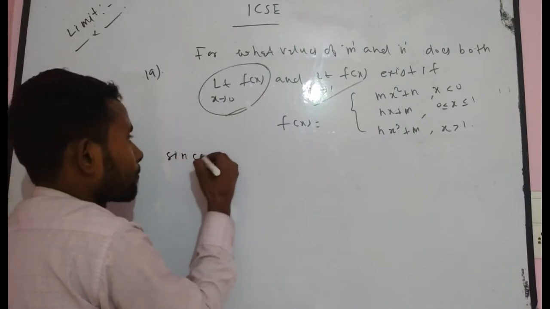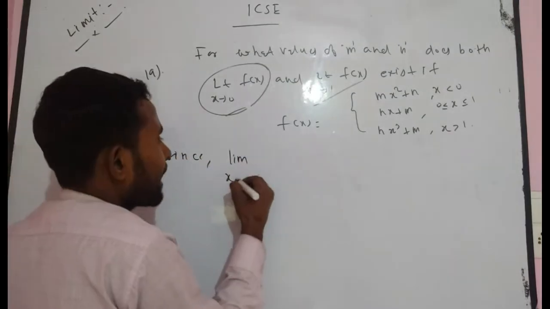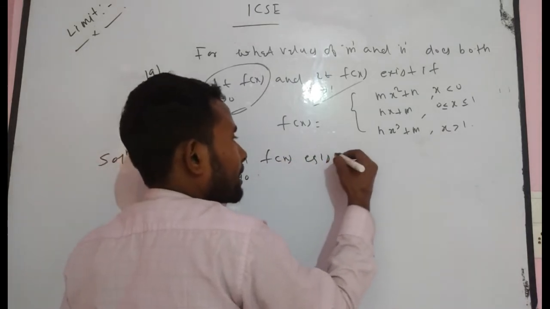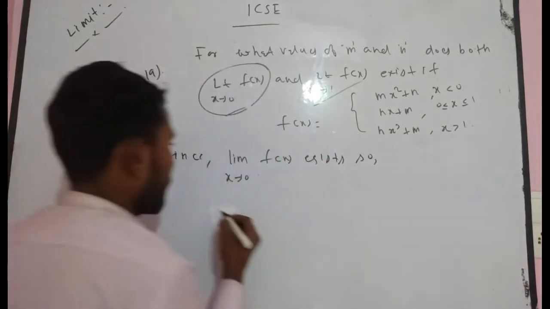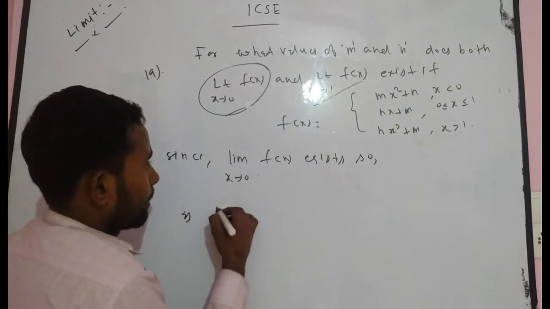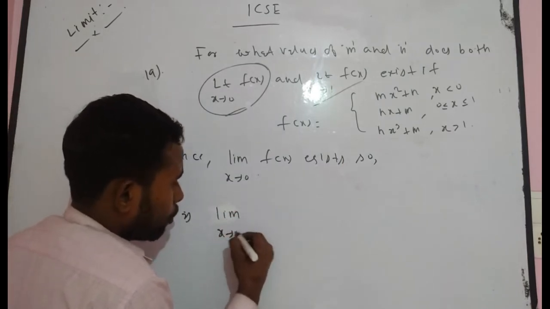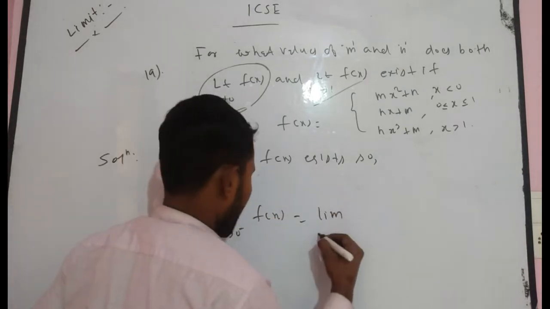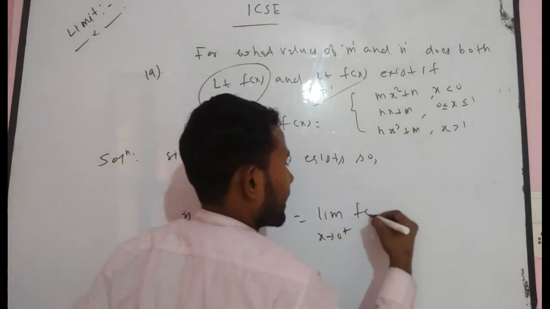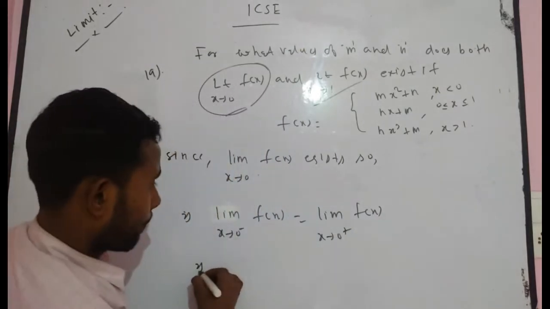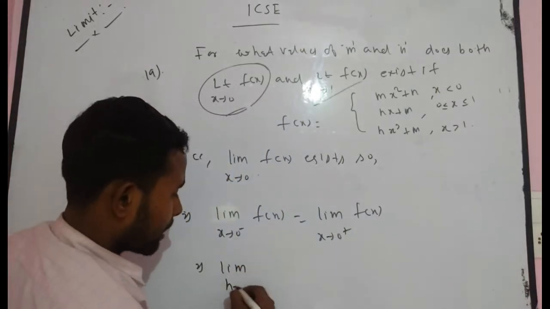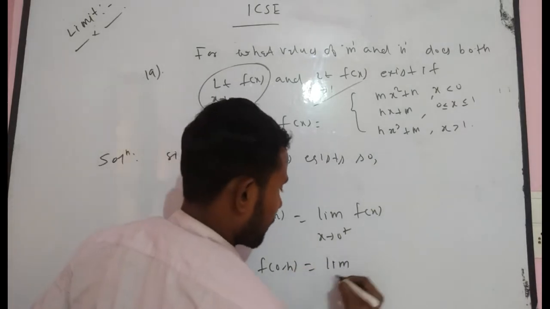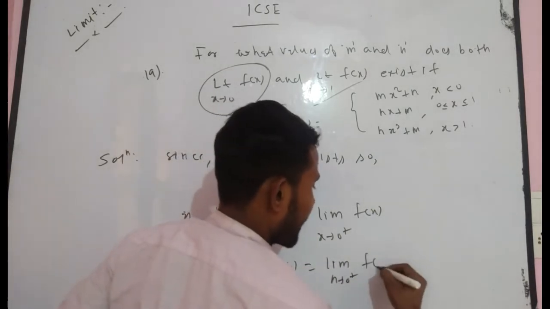Since limit x tends to 0 f(x) exists, limit x tends to 0 from the left hand side of f(x) will be the same as limit x tends to 0 from the right hand side of f(x). That implies limit x tends to 0 from the left hand side f(0 minus h) will be the same as limit x tends to 0 from the right hand side f(0 plus h).